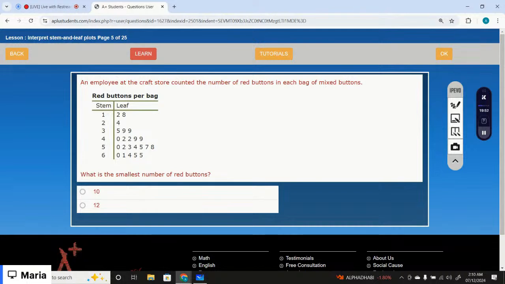An employee at the craft store counted the number of red buttons in each bag of mixed buttons. What is the smallest number of red buttons? So the smallest number is the smallest stem and the smallest leaf.